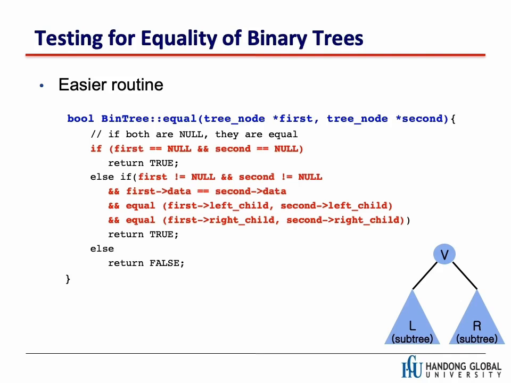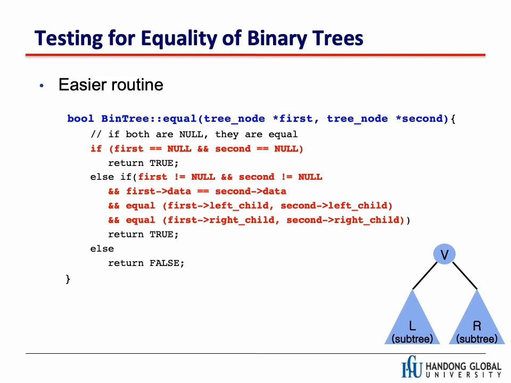Else, if the first is not null and the second is not null and the first data is the same as the second data, and the left subtree of the first is equivalent to the left subtree of the second tree, and the right subtree of the first tree and the right subtree of the second tree are equivalent, then we return true. Otherwise, we return false. This might be a little easier than the previous slide's implementation, but basically it does the same thing.